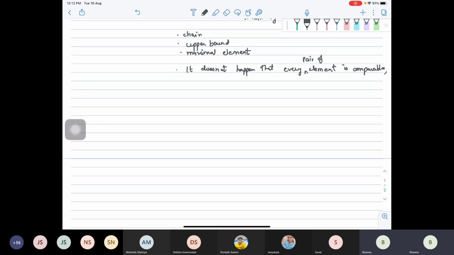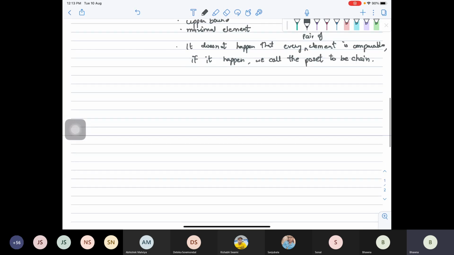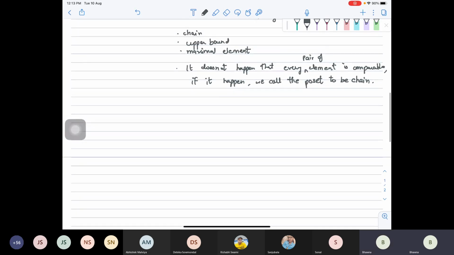So if it happens, we call the poset a chain. Was it clear?